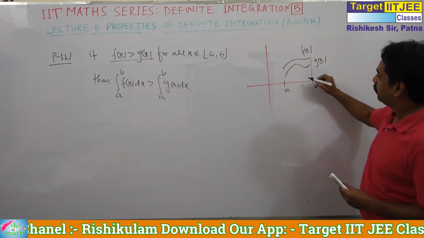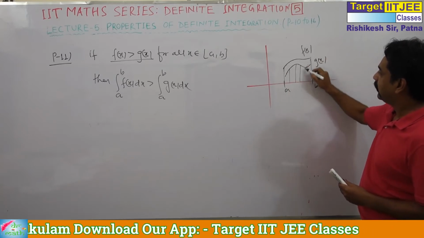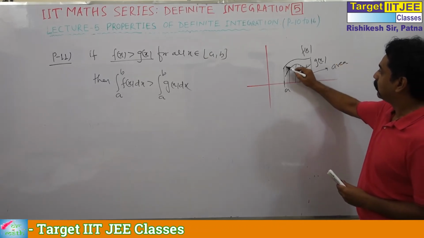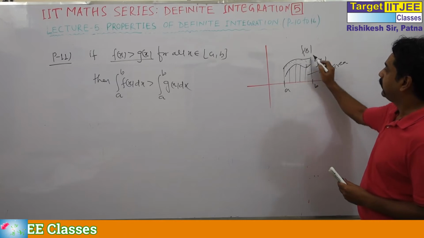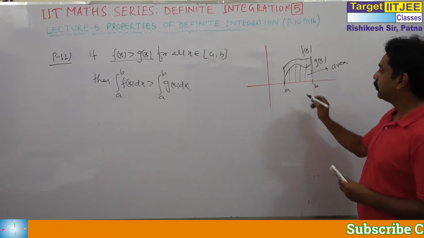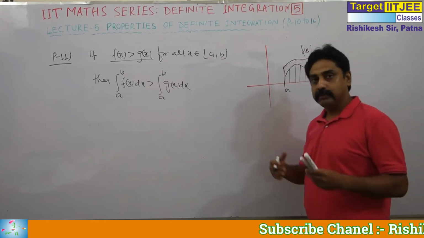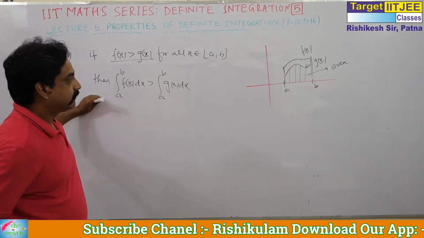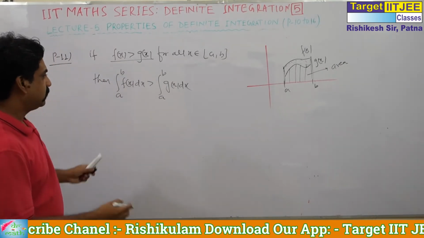When we integrate, this will be the area under g(x), and this also includes the area under g(x) within the complete area under f(x). So f(x) with x equal to a, x equal to b, and y equal to 0 gives more area. So that is the property. Now let's take one question on this.